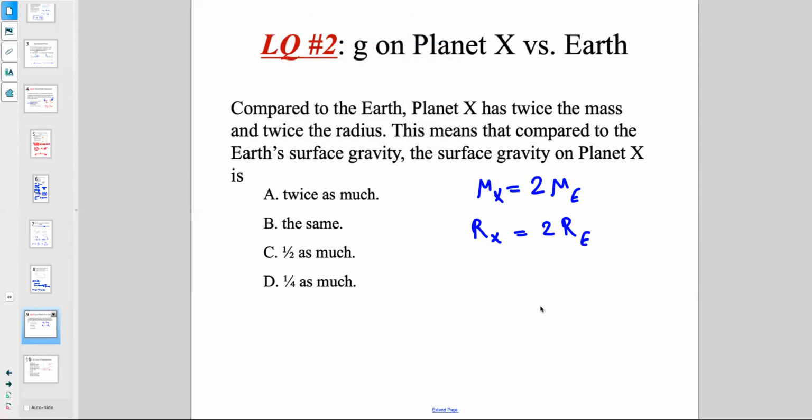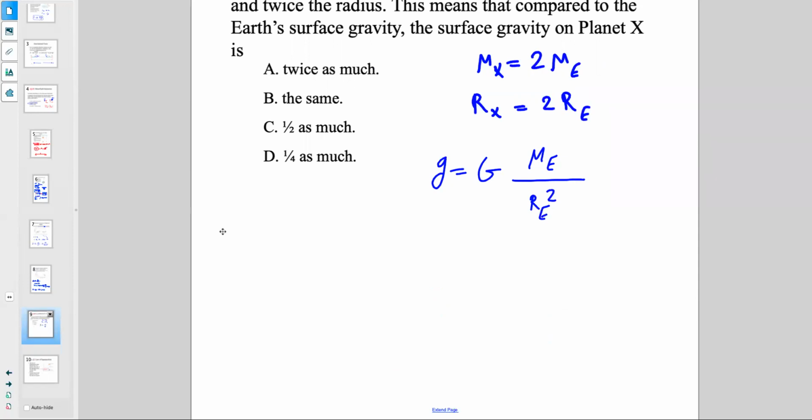This means that compared to the Earth's surface gravity, the surface gravity on planet X is, let's see, the surface gravity was G m of E over R of E squared. In our case R is R of E plus H, but since we're at the surface, H is 0.